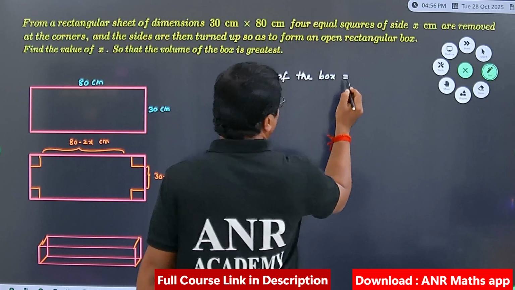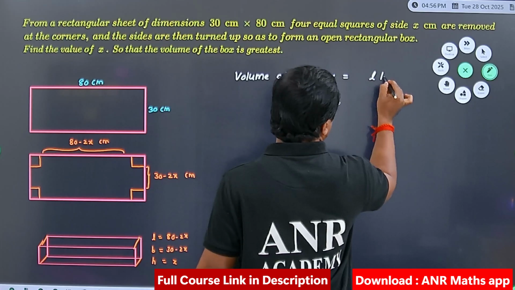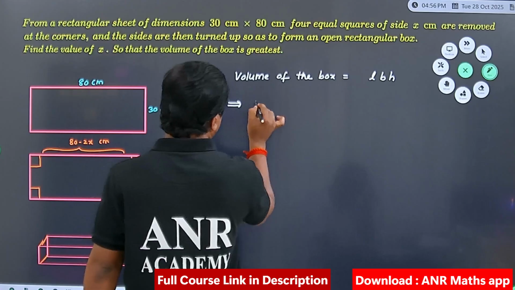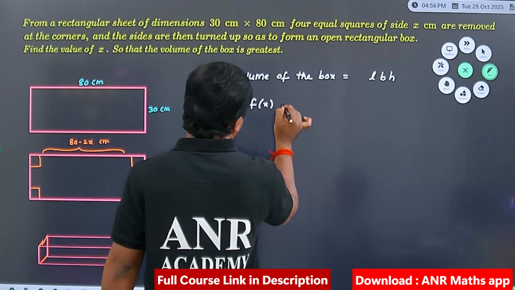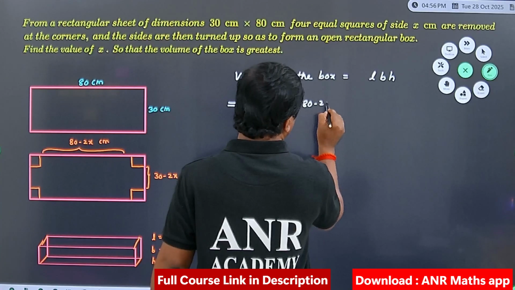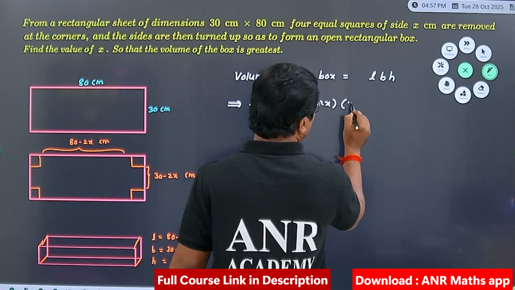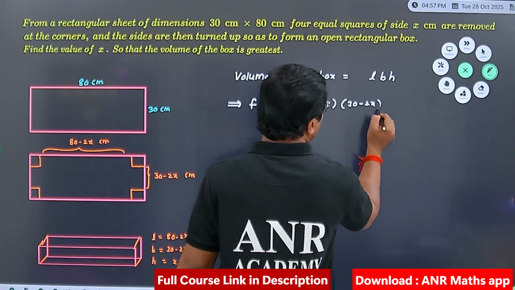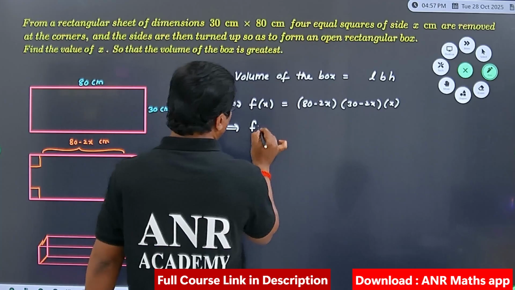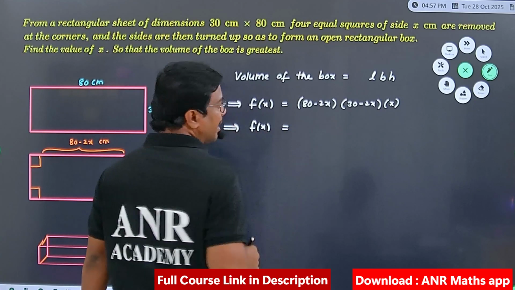Volume of the box formula L into B into H. Here this is entirely function of x. Why? Because L value 80 minus 2x, B value 30 minus 2x, and height is x units, implies we get function of x 80 into 30.